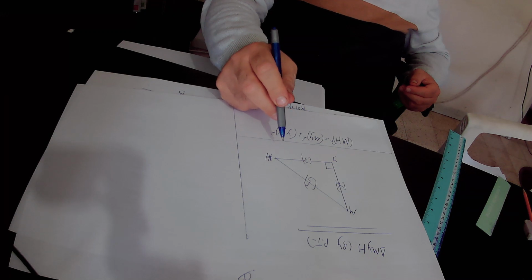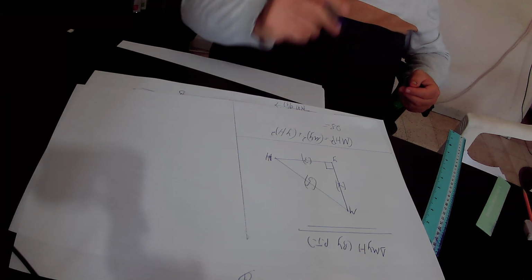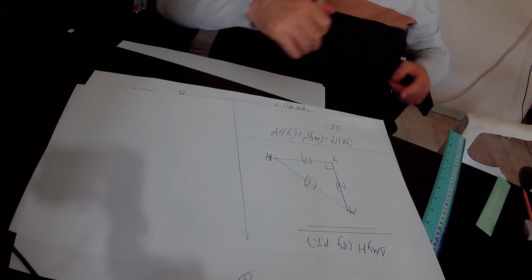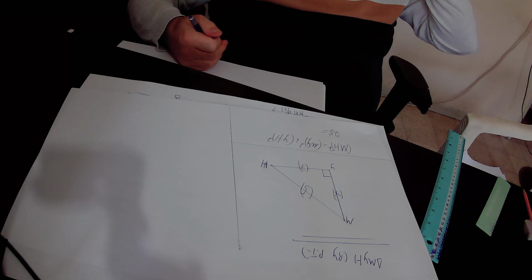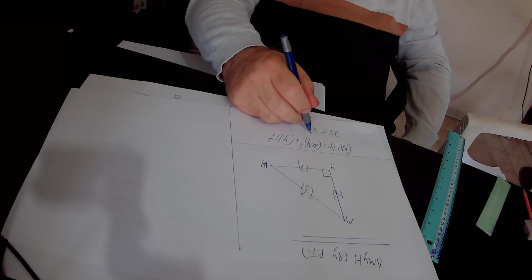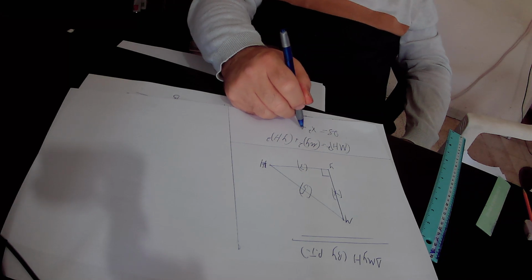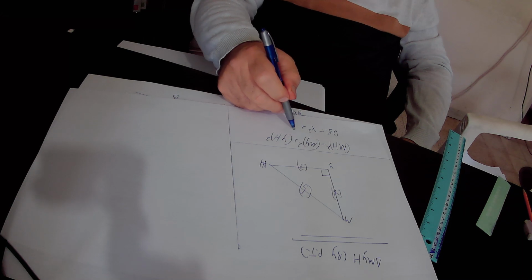MH is 5, therefore MH square is 5 squared, that is 25. And it is equal to MY square. MY is x, therefore MY square is x squared, plus YH square. YH is 3, therefore YH square is 3 squared, that is 9.